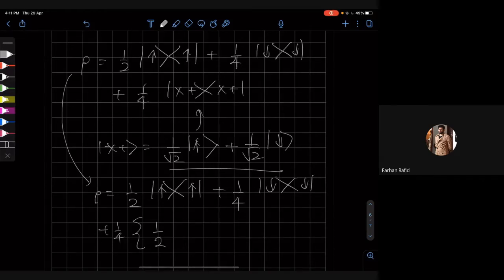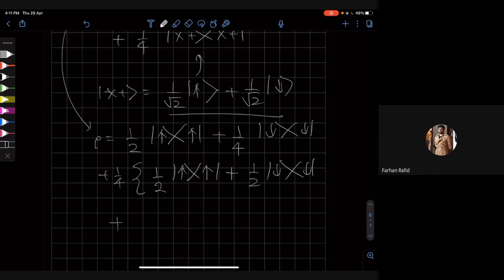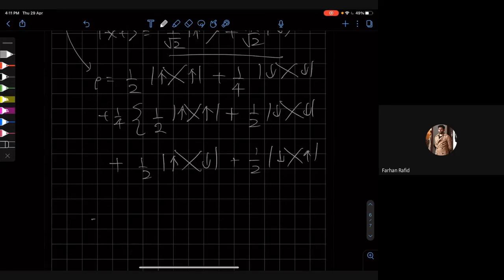You get half up up, and then you get half down down, and then you get some cross terms, which is half up down, and then half down up, right?